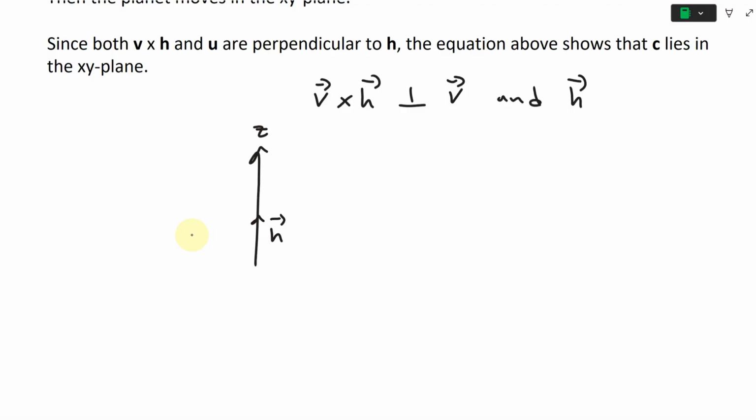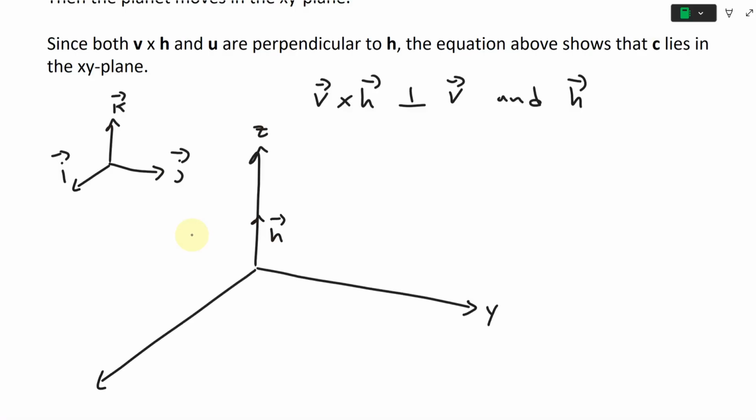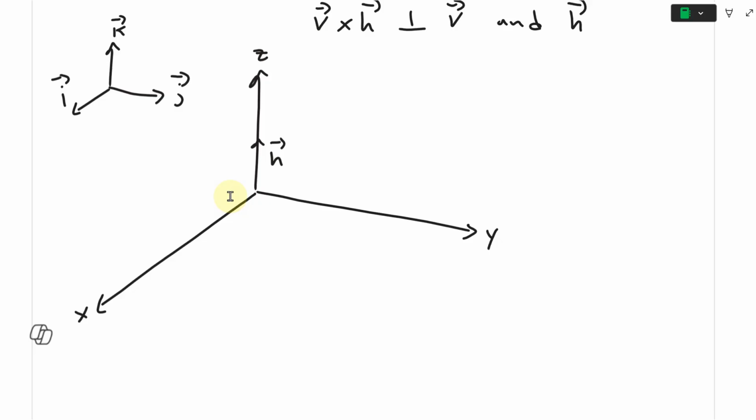Remember the setup here: this is k, the standard basis vector, this is going to be j, and this is going to be i. This is going to be our y, and this is going to be our x. Remember, i is the x component, j is the y component, and k is the z component, in unit vector format, so the length is 1.